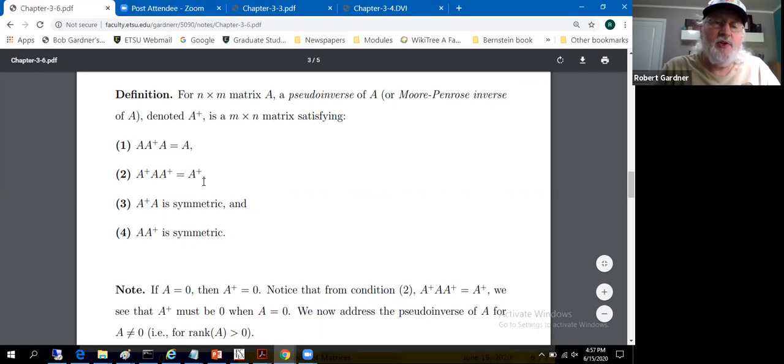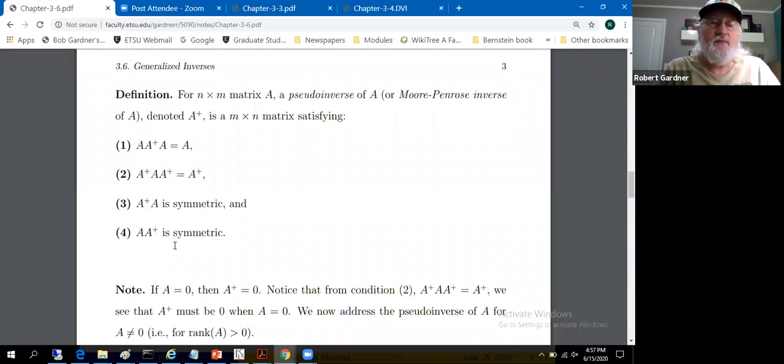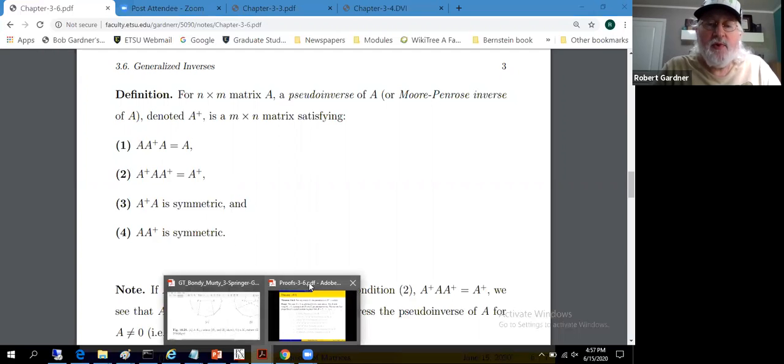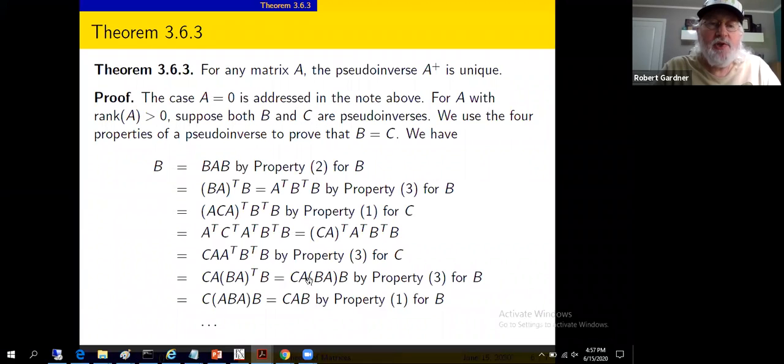Pseudo inverse times matrix is symmetric, and matrix times pseudo inverse is symmetric. These are the four rules we're playing by. These are the four things that would have had to be justified at the end of that previous proof. But we're going to use those four things to computationally show matrix B, assumed to be a pseudo inverse, equals matrix C, assumed to be a pseudo inverse.